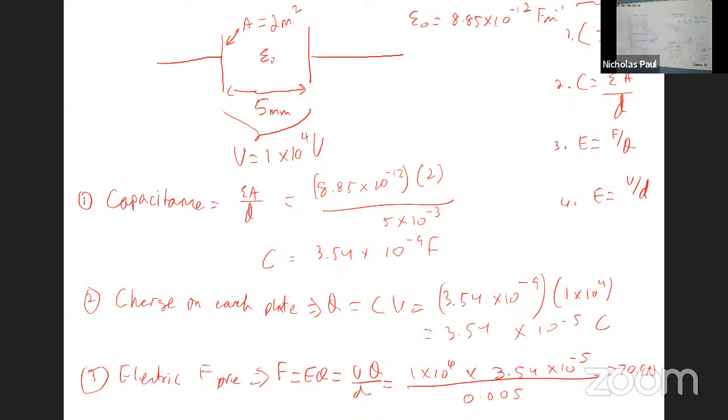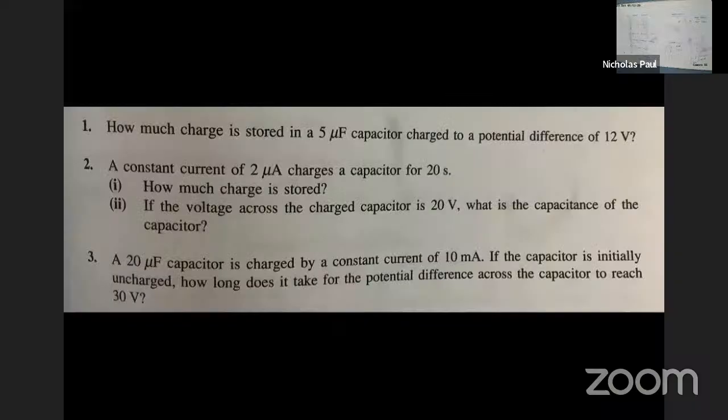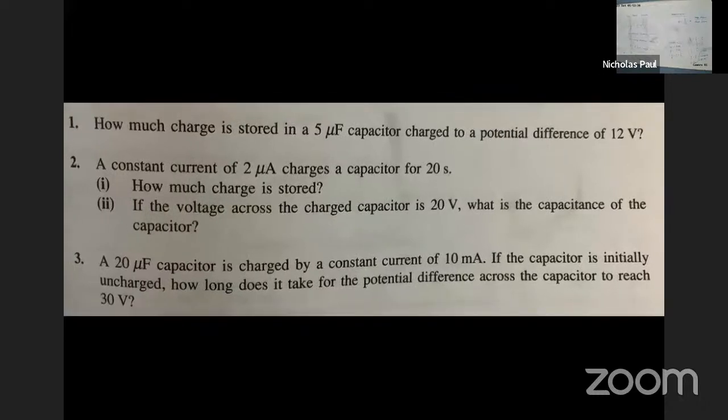All right, nice. So that's a little intro into capacitance and using these different versions. Just giving you three quick questions to try before we move on to capacitance in series and parallel.